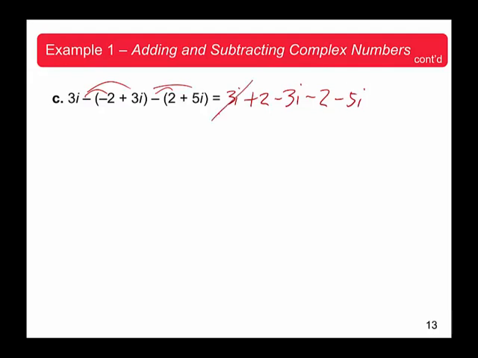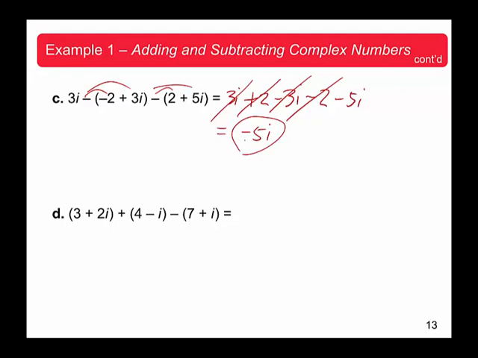The 3i minus 3i offset each other, right? Plus 2 minus 2 offset each other, and eventually we end up with minus 5i. No real part. We call this a pure imaginary number.